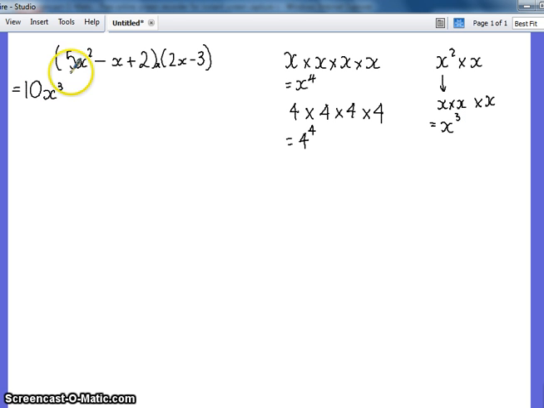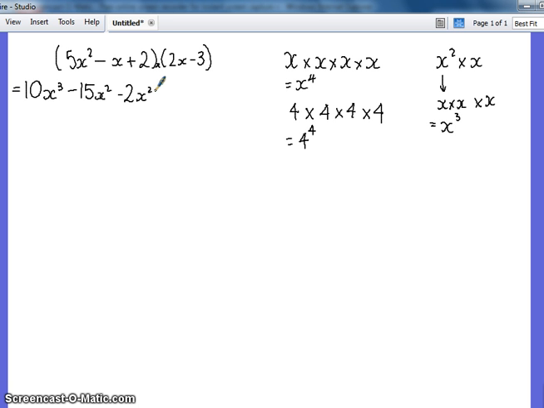So then you multiply 5x squared by what now? By minus 3. Good girl. 5 times minus 3 is minus 15, and we've got x squared. So then it's negative x times by 2x. There's a 1 in here, and negative 1 times positive 2 becomes negative 2x squared.